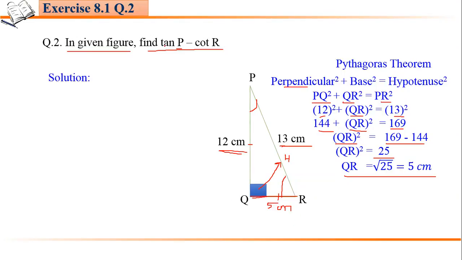So next we have to find these values, tan P, cot R, and we have to subtract them. So first we'll find out the value of tan P. So tan P, we know that tan of any angle is perpendicular upon base.